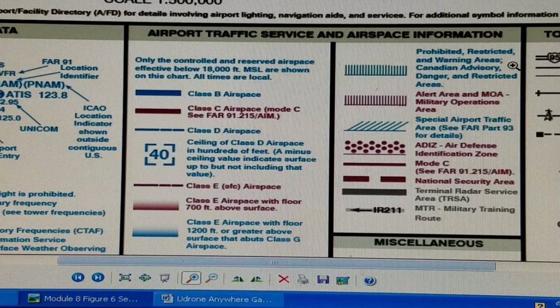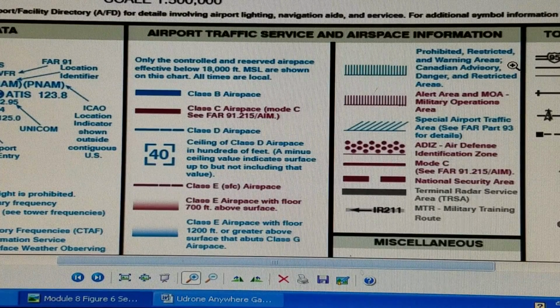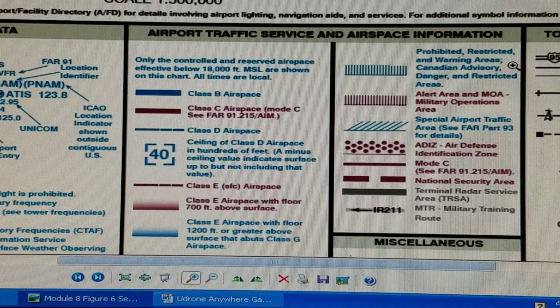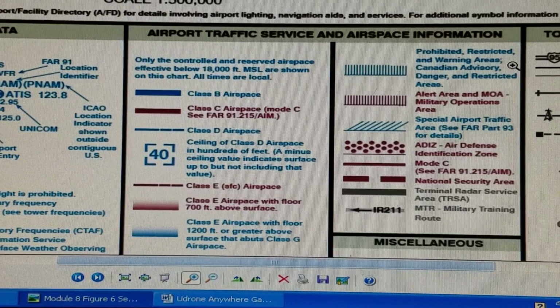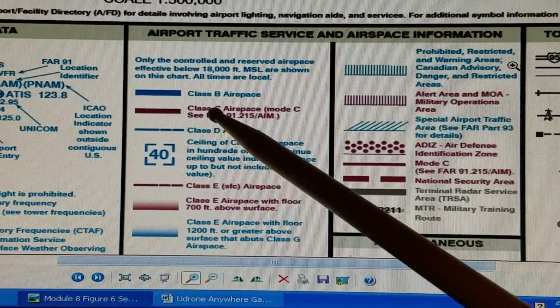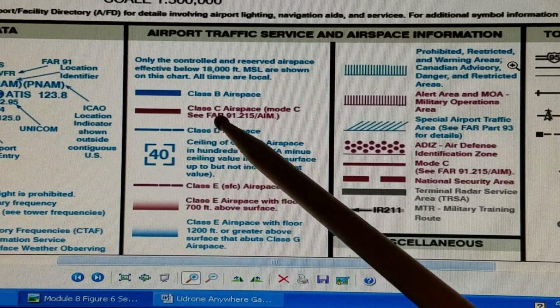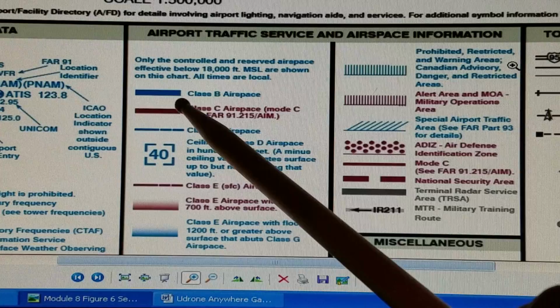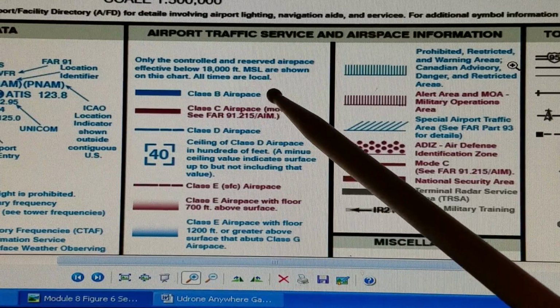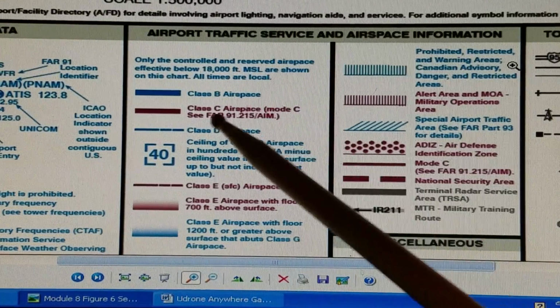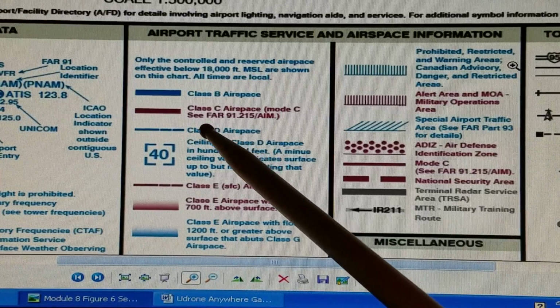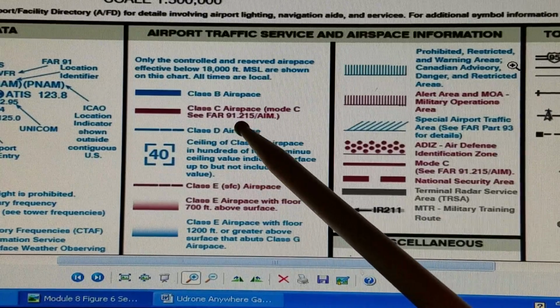One other thing on the sectional aeronautical chart, I want to present this to you so that there's no mix-up. Class C airspace is thick magenta, but at the same time, within parentheses, you see Mode C and FAR 91.215.